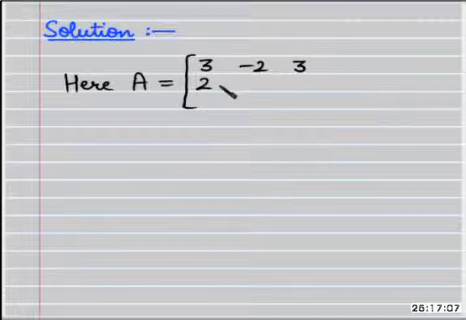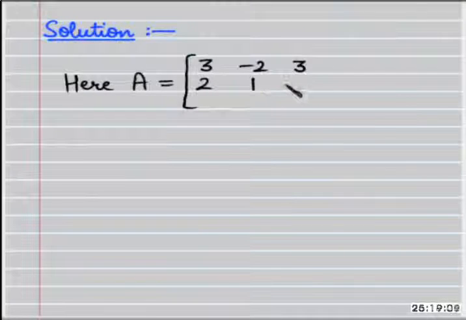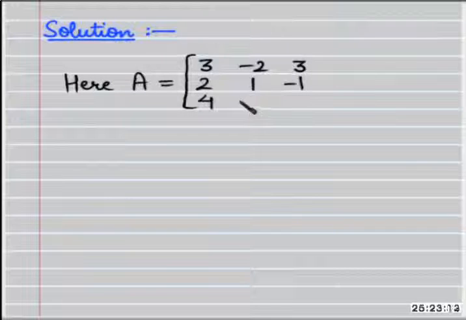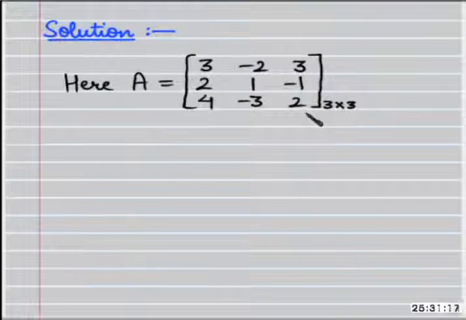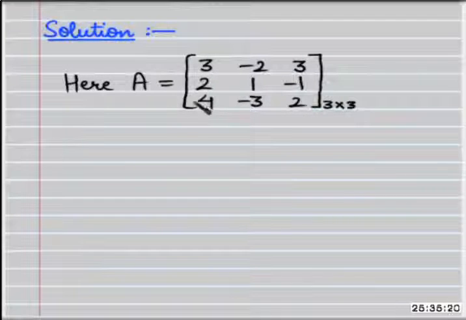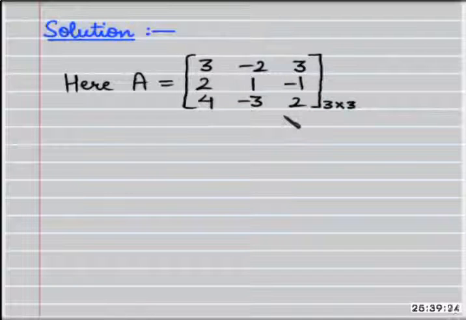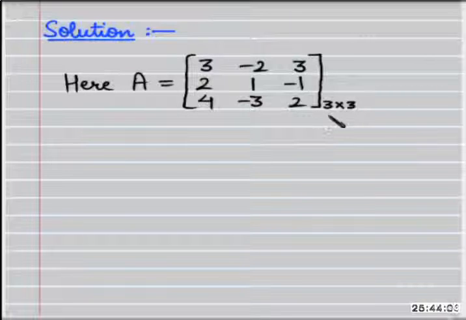Second row elements are 2, 1, minus 1, and third row elements are 4, minus 3, 2. Now, in order to find the adjoint of the given matrix A, first of all, we have to find the cofactors of this matrix A.